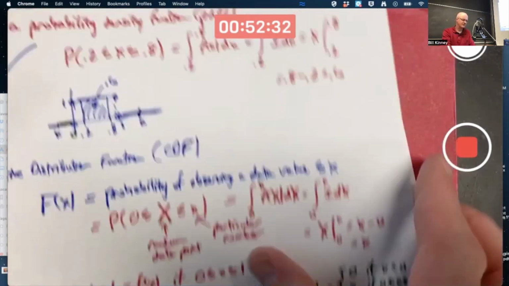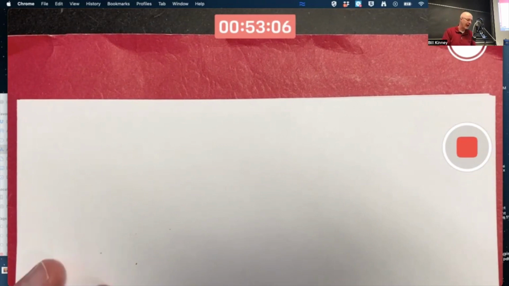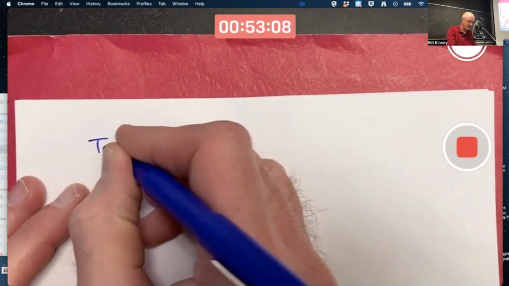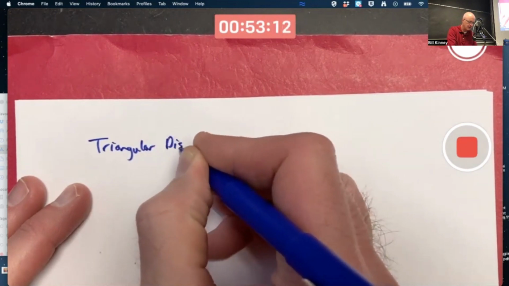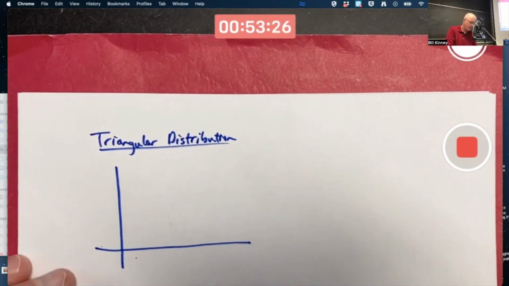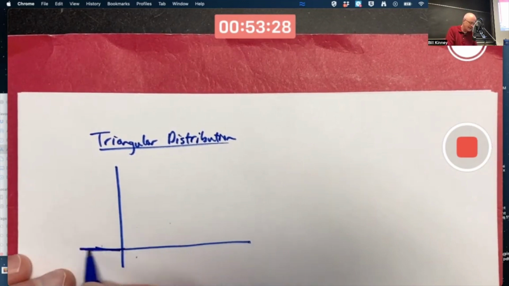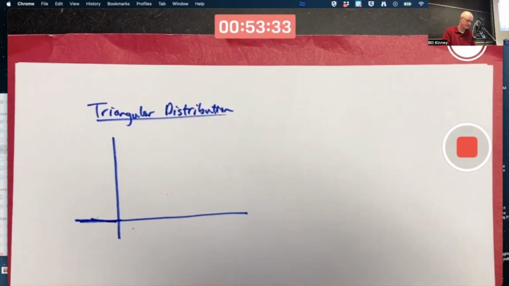Let's do another example. This time, let's consider what's called a triangular distribution. Another density function, or probability density function if you prefer. Let's once again make it take on positive values between 0 and 1.